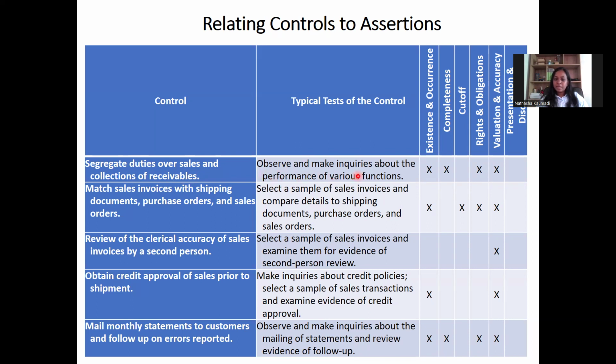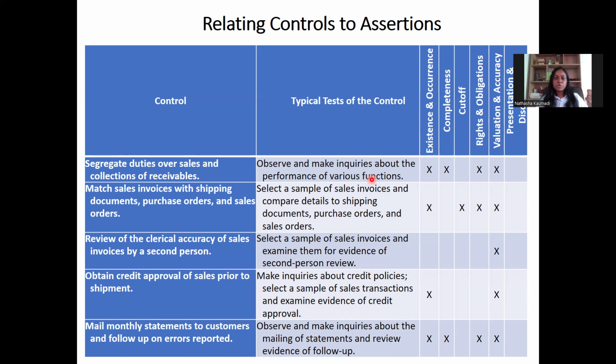Observe and make inquiries about the performance of various functions. When you go to the client place, you can see this person is doing the sales, this person is collecting the debtor balances. You can observe whether the guy who is responsible for debtor collection is recording the sales as well.